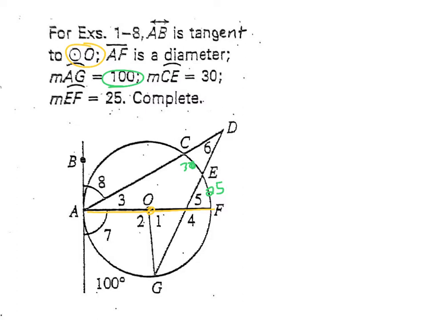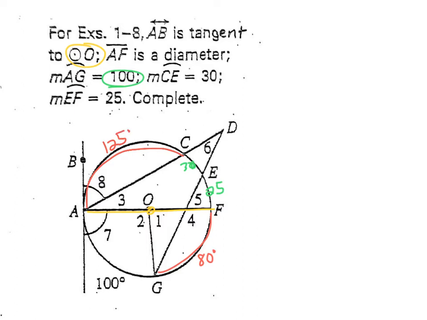So that's going to allow me to find this arc here is going to be 80 degrees, giving me 180 from A to F over here. And likewise, this arc here is going to be 180 minus 30 minus 25, or add those up first. That gives you 55, subtract from 180, and that's how I'm getting 125 degrees there.